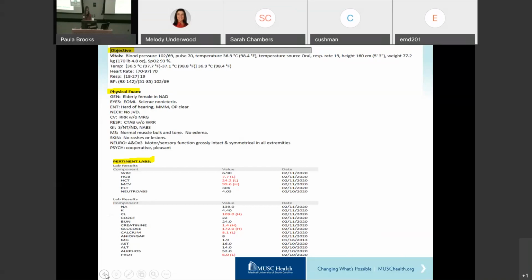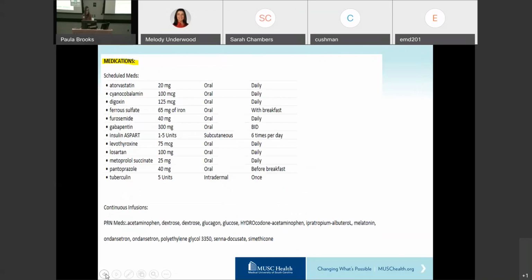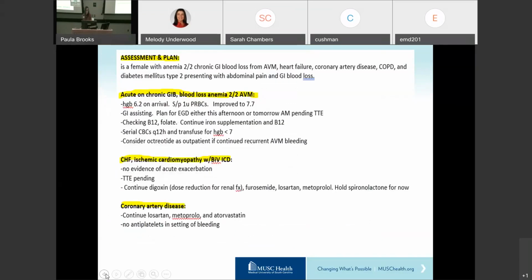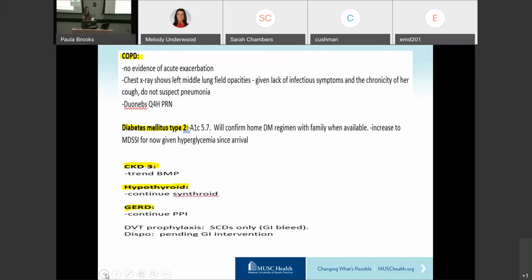They're reviewing some labs, going over some medications. And in our assessment and plan here, we have acute on chronic GI bleed, blood loss anemia, CHF, coronary artery disease, COPD, we have diabetes, CKD, hypothyroid, GERD.